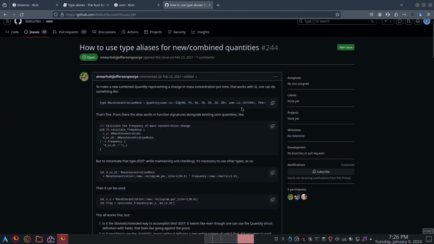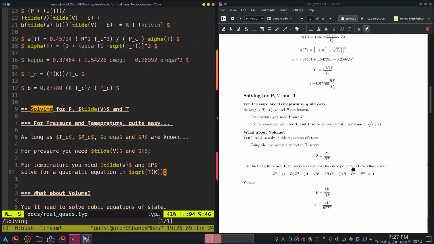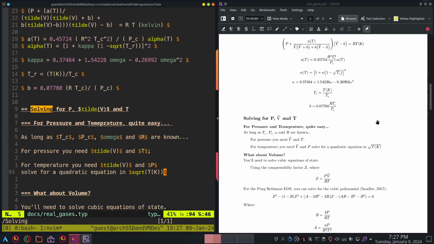However, these over here are integer values, so I am not entirely sure that you can have a unit to the power of some decimal or floating point value. Maybe you can, but I'm not too familiar with this, so I'm not going to overcomplicate things. What is one other way you can make use of the units of measure besides type alias?